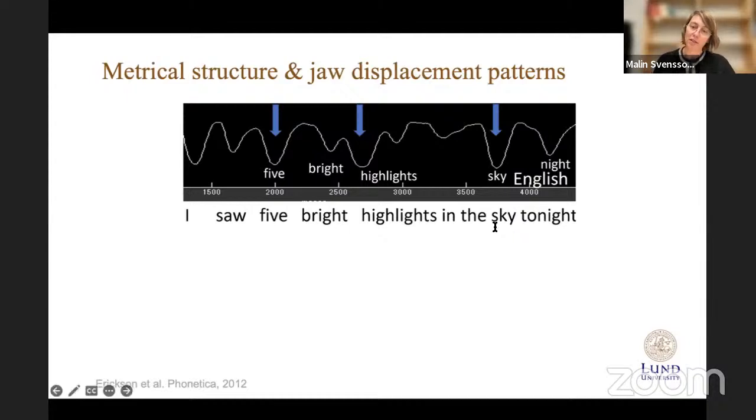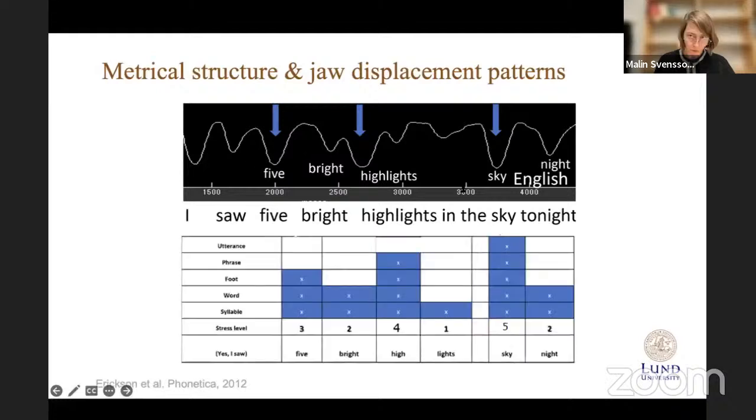This pattern is suggested to be directly related to the metrical structure. When we look at the stress level, we see that the words with a higher stress level also get more jaw displacement. So sky gets the lowest jaw, while bright and lights with a low stress level have a higher jaw position.